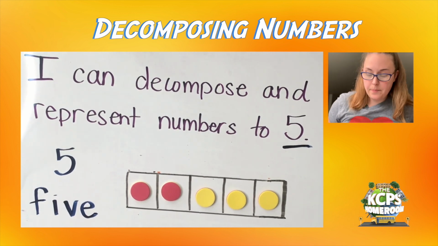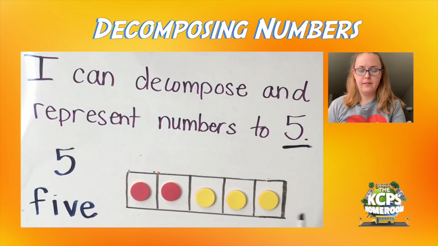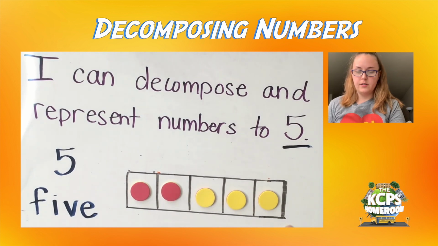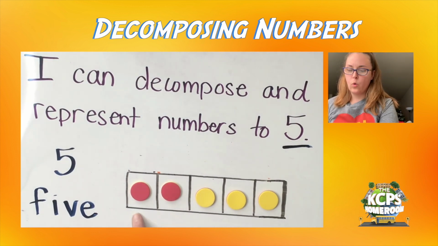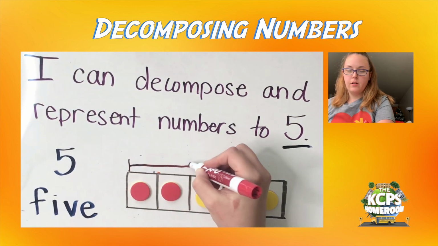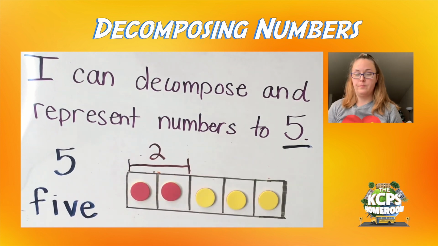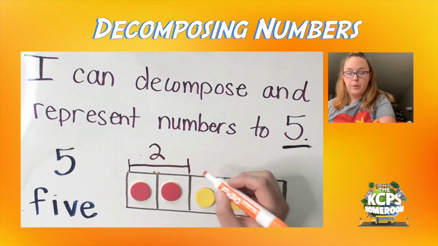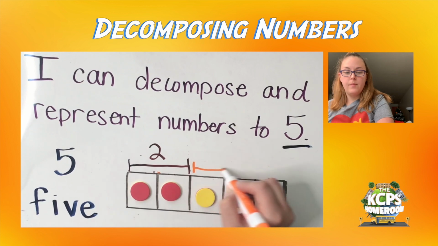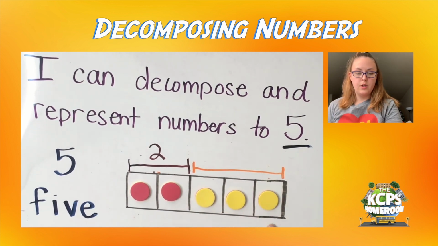And this time, I know that 5 is the same as, how many red counters do you see in the 5 frame here? Here's the 5 frame, let's count them. 1, 2. So here, this part of the 5 frame has 2 red counters. The other part of the 5 frame has how many yellow counters? 1, 2, 3.